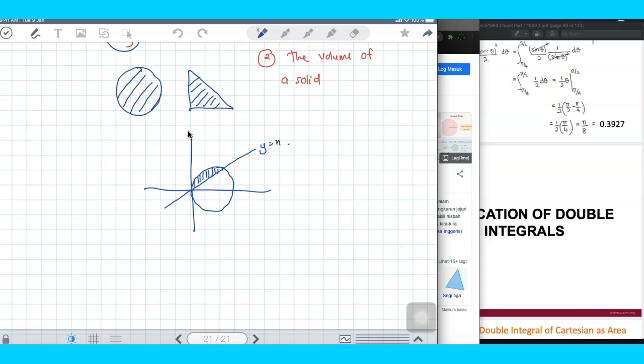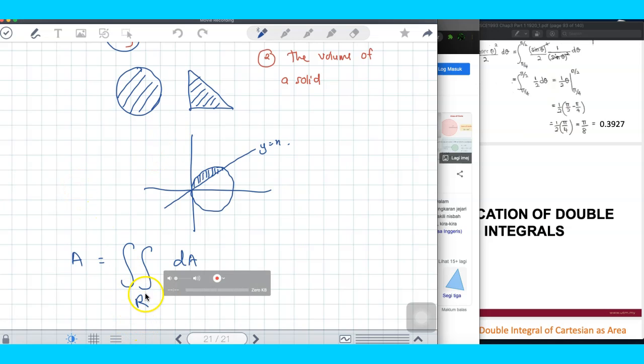So to get the area of the region using the double integral, we only have dA over the region R. That's it. For any shape of region that we manage to get the limits and integrate, we can easily evaluate the area of this particular region.